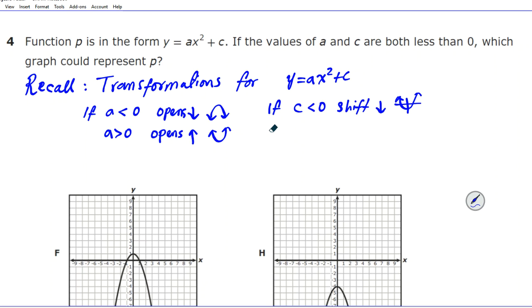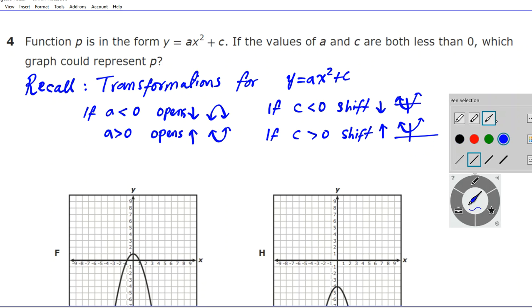Okay. If c is greater than 0, that involves shifting the parabola upwards by c value. Okay, so if you have an upward opening parabola, for example, if you shifted c units up, the vertex ends up above the x-axis. Okay, so in this particular case, a and c are both negative.